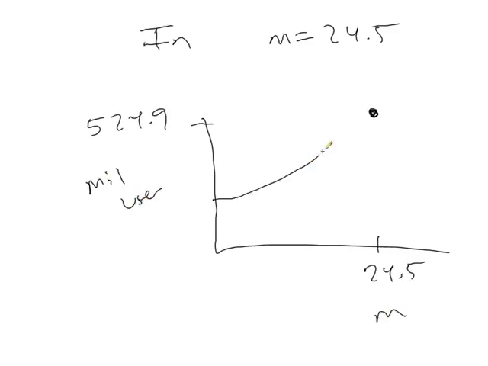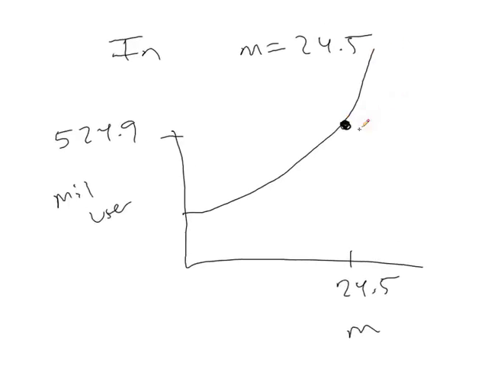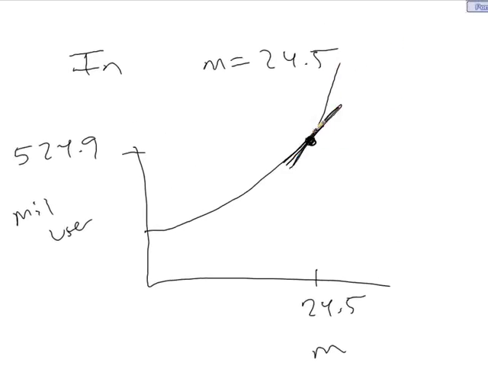Okay, well, so here's kind of what the curve looks like, and now I know that at that moment, the instantaneous rate of change is equal to 20. So this guy has a slope of 20 million users per month. So that allows me to make an estimate of what's going to happen the following month.